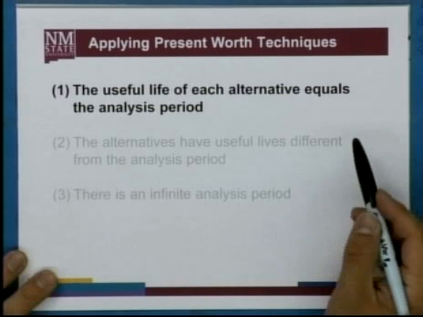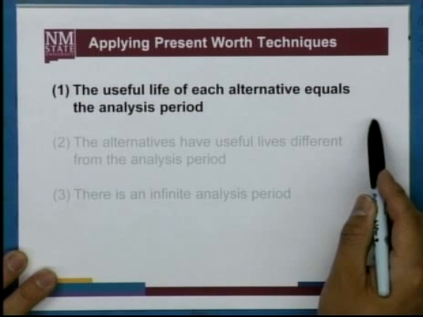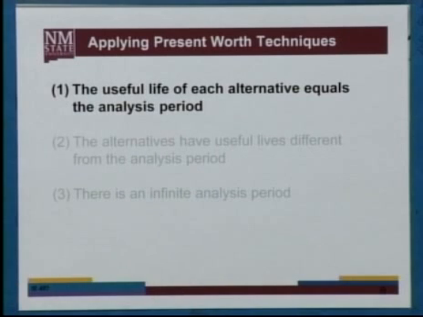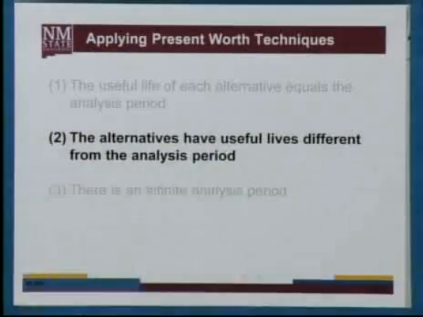Of course, this case is very easy to handle. The analysis period can simply be the useful life of the devices considered, right? How about the second case, where the useful lives of each alternative are different from the analysis period?